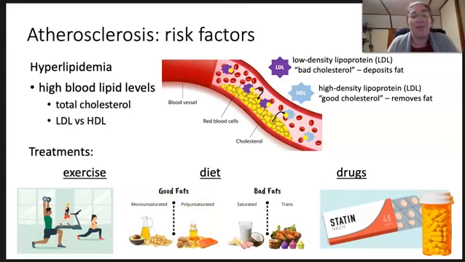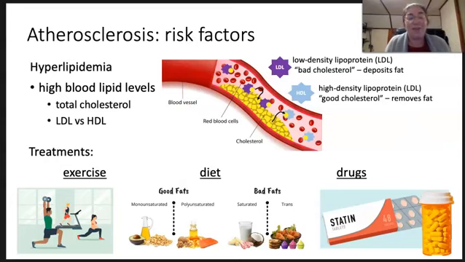And actually, there's a lot of fats that are very good that actually help to increase our HDL, or high density lipoproteins. And those are the unsaturated fats, particularly omega-3 fatty acids. Those omega-3 fatty acids also have anti-inflammatory properties, which also helps to reduce inflammation in the blood vessels that leads to atherosclerosis.